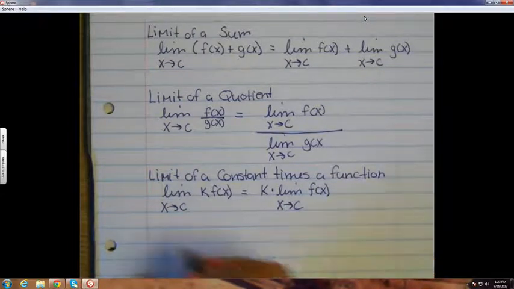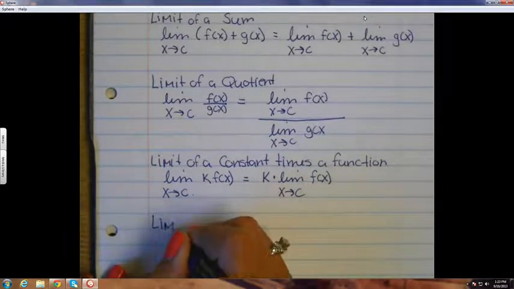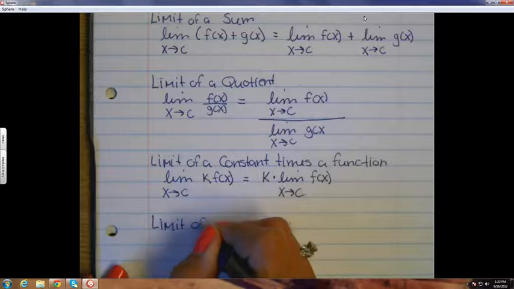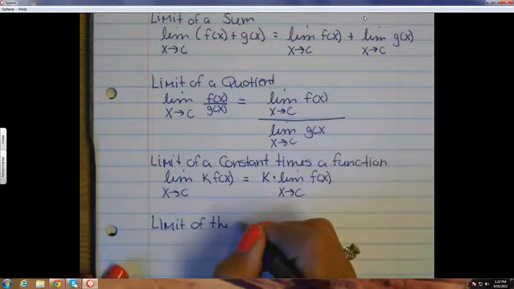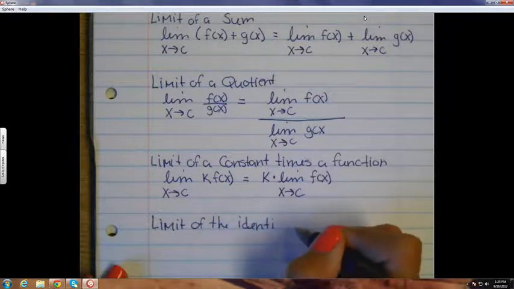Two left. The limit of the identity function.